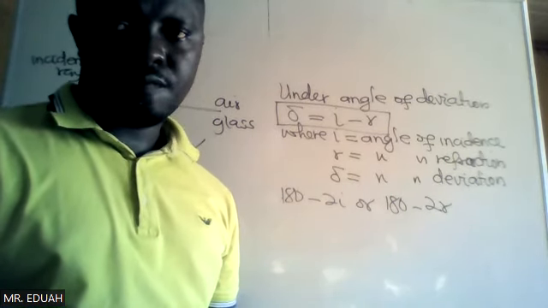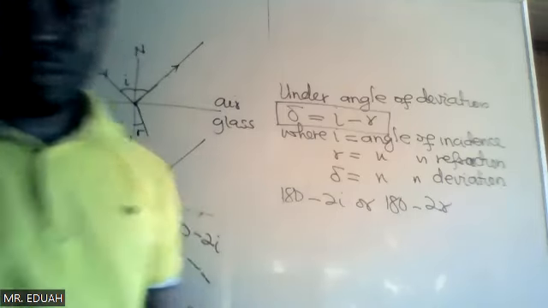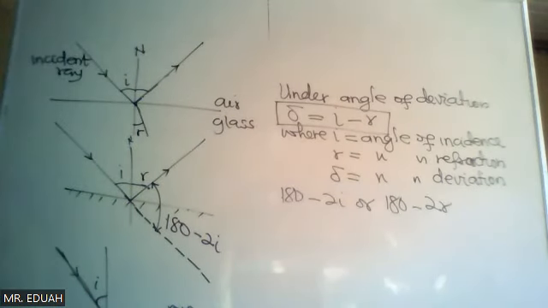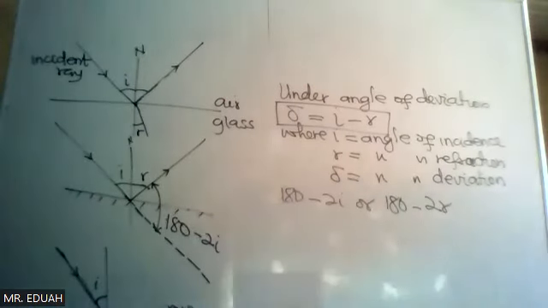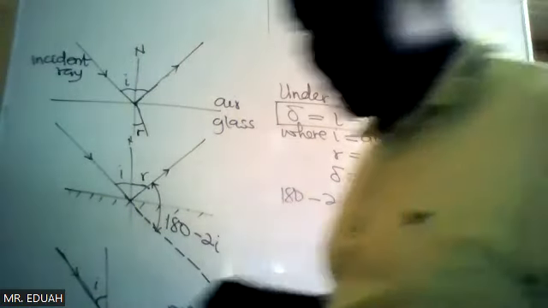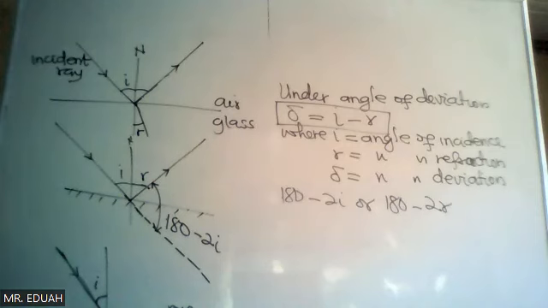So it states that the ratio of the sine of an angle of incidence to the sine of an angle of refraction is a constant. But there's a condition for this to happen. When a ray of light enters a medium from another medium, it isn't complete.